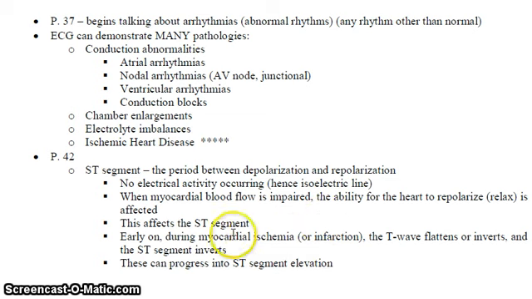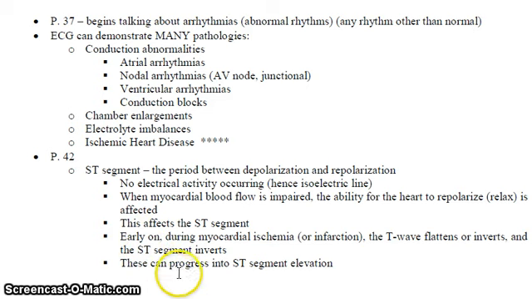Early on in the evolution of a heart attack or myocardial infarction, the first things that are seen on the EKG are the T wave can flatten or actually invert, meaning upside down, and the ST segment will also flatten or invert. So that's the symptoms, or what it looks like early on.